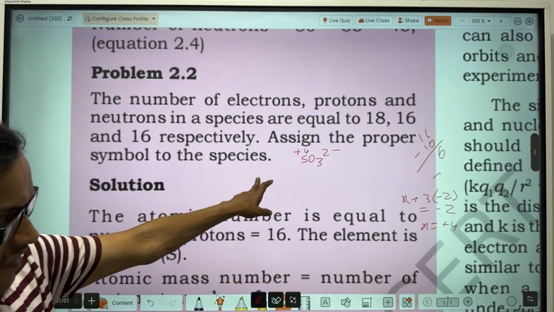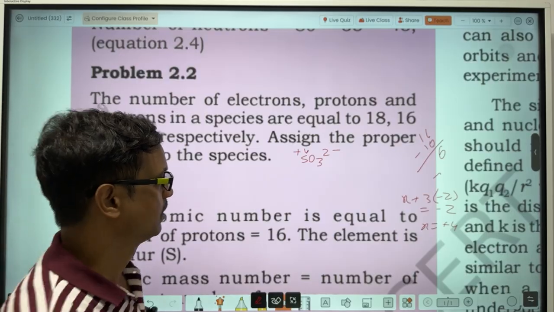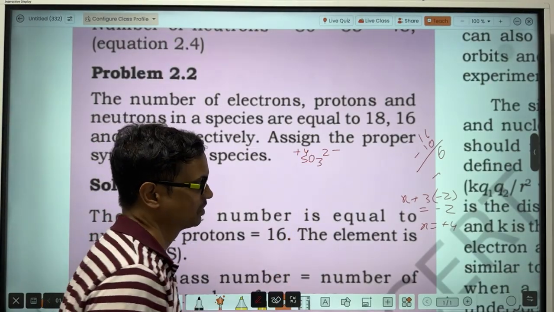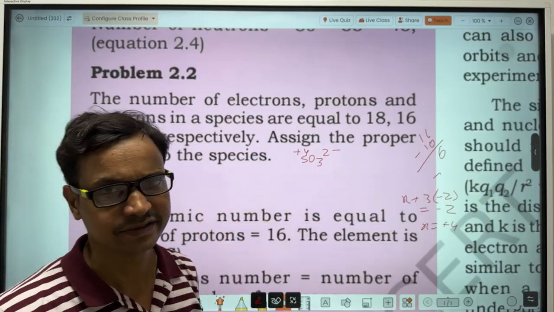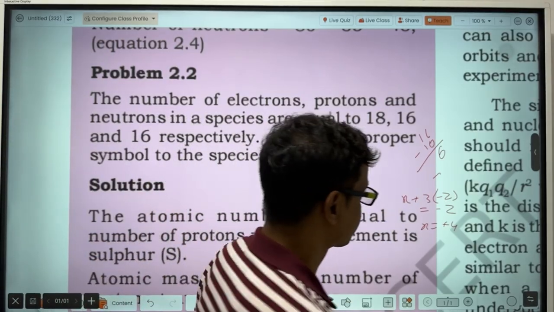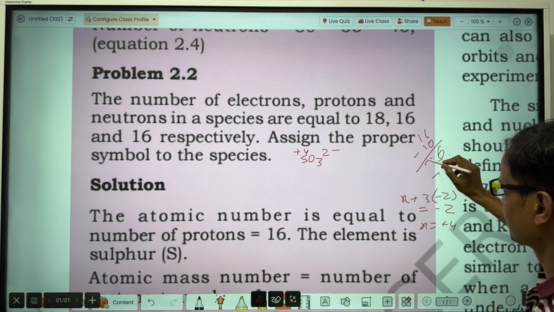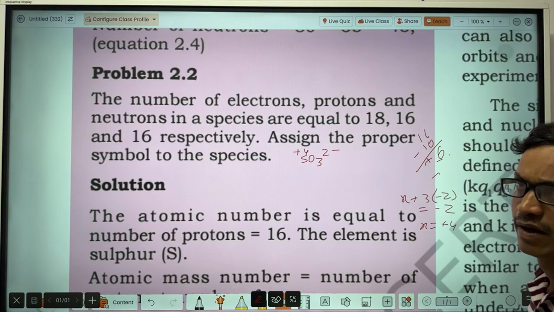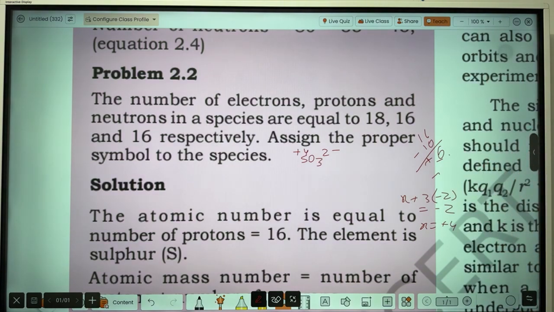That means sulfur is exhibiting an oxidation state 2 units less than the maximum. The maximum oxidation state is 6, and here the sulfur is exhibiting plus 4, because sulfur belongs to group 16.